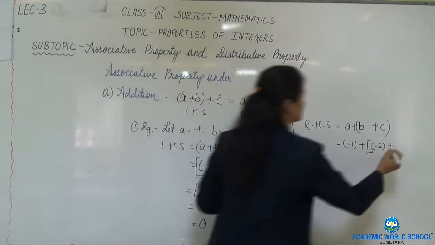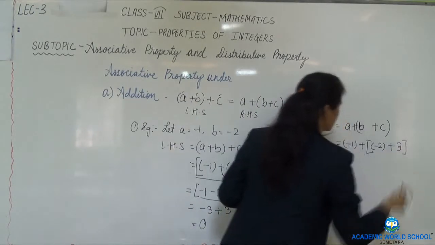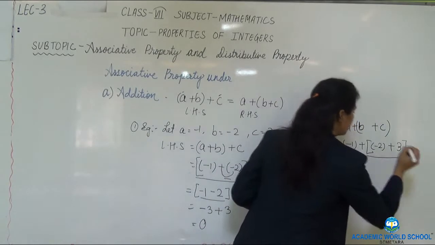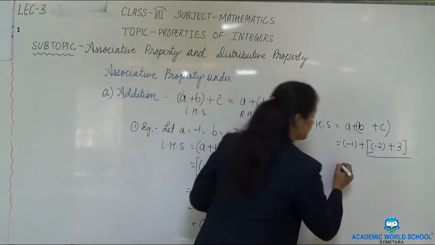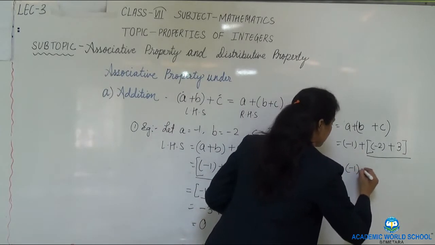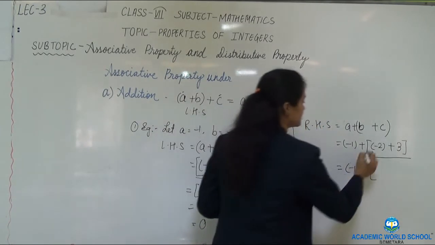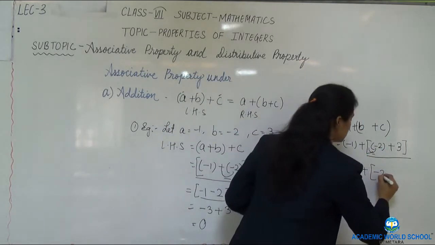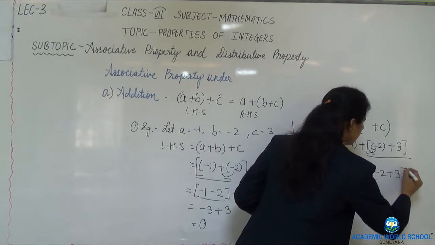And C, 3. Now again, while solving this, we need to solve the bracket, and therefore we need to open up the brackets. -1 plus, as plus into minus gives minus, -2 plus 3.